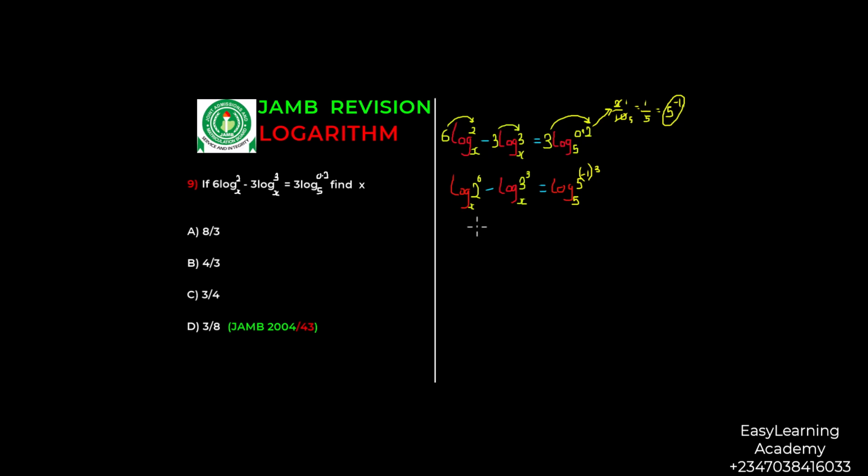And continuing, on our left hand side, we have something that is common, log x and log x, so we can pull it out and rewrite it. So we have here log x, and for everything where we have subtraction in indices, what are we going to do? Anything subtraction, we will divide.